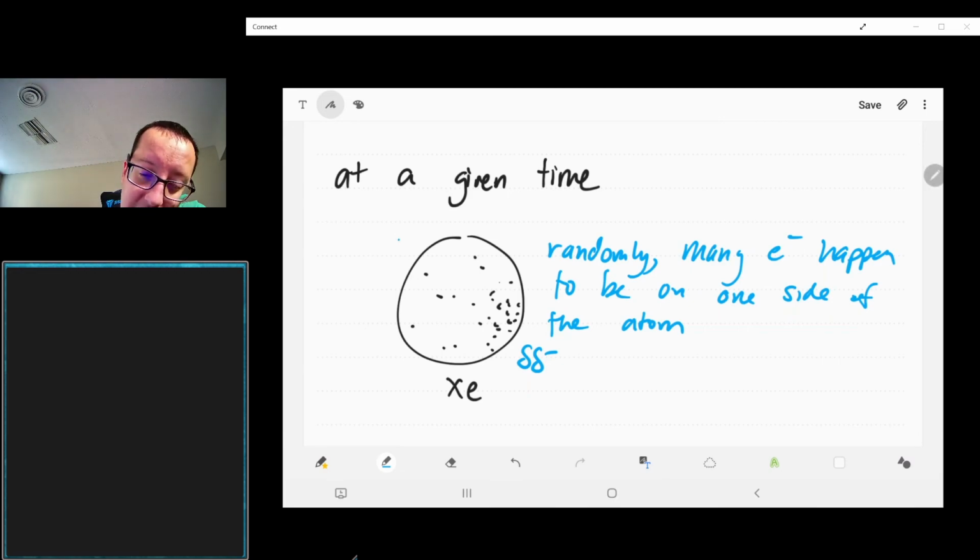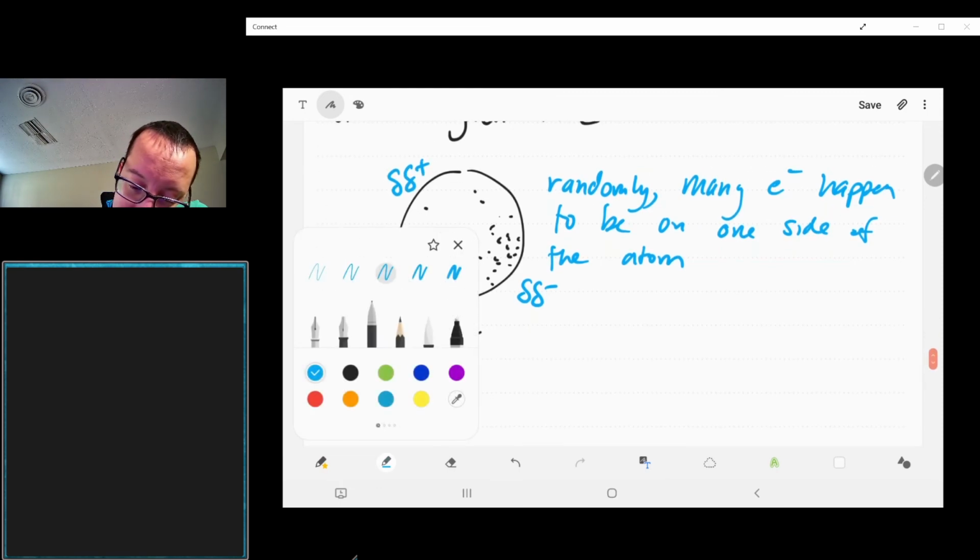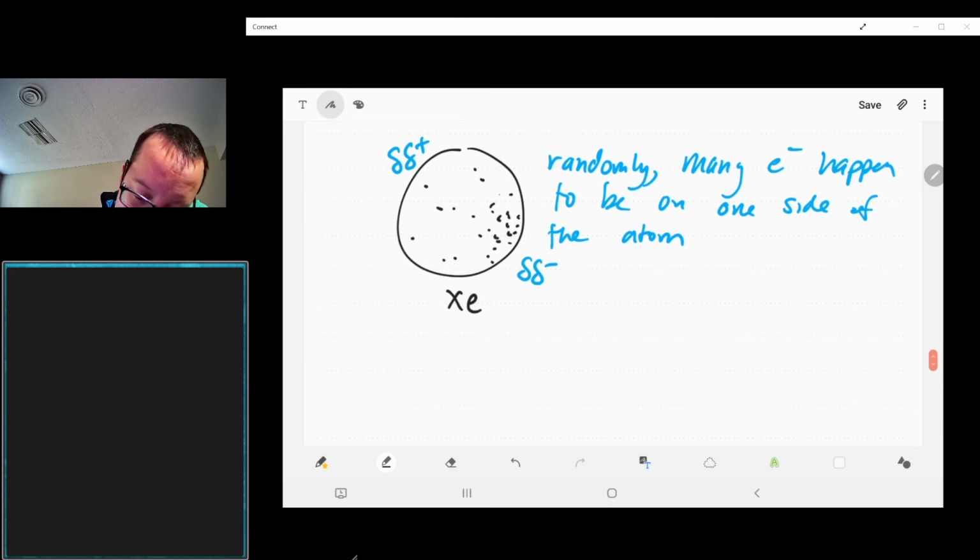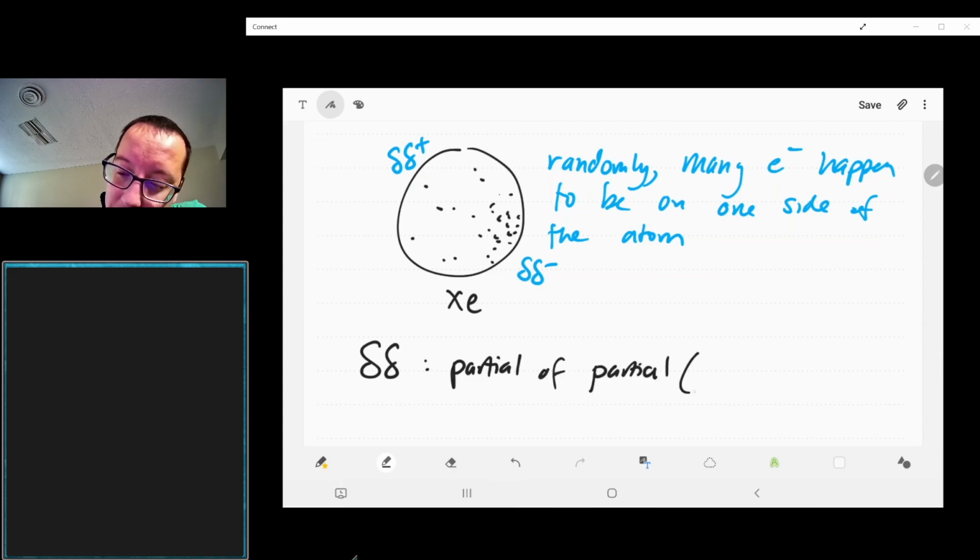And as a result, the other side of the molecule is just a little bit positive. So we see this when I do this double delta, that means like partial of a partial, which means super small. So a very, very small charge can happen there.